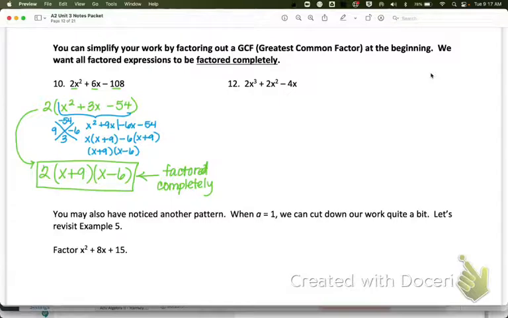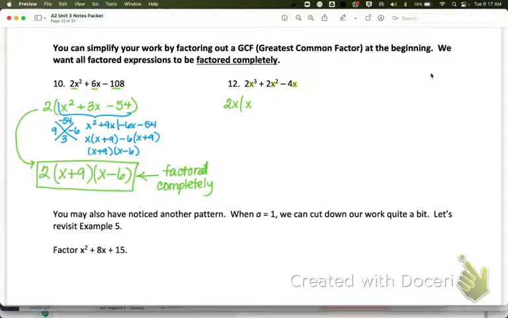So looking at number 12, this has one that, again, I notice I can divide everything by 2, but I also notice that everything also has a term of x. So this one, I'm going to factor out a 2x. And let's see what happens when I divide everything by 2x.